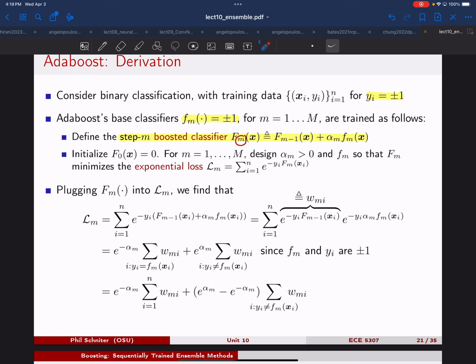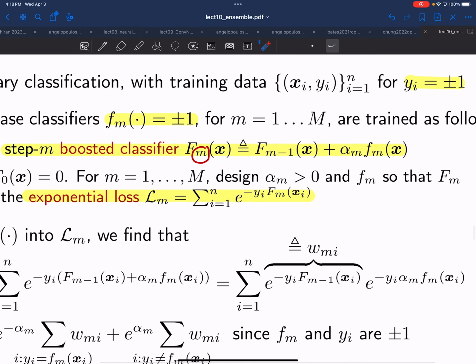So we're just one by one designing alpha and F, and we're going to assume the alphas are positive. And we are going to use as a loss the exponential loss. This isn't exactly a loss we've seen before, but it's pretty similar to losses we've seen. But basically, you can see that you want the sign of the capital F to match the sign of y.